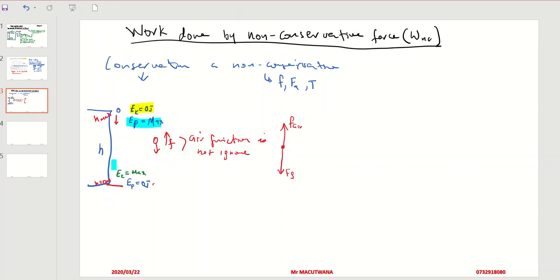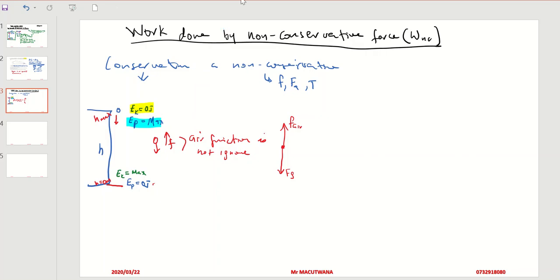Now, if you think of its potential energy when it falls down, the height decreases. If the height decreases, the potential energy must decrease, up until the height here, as we discussed before, is equal to 0 meters.